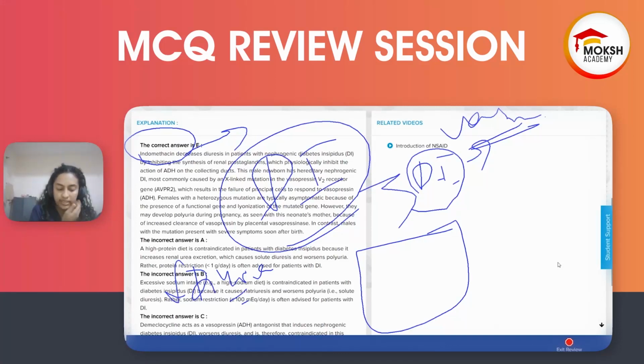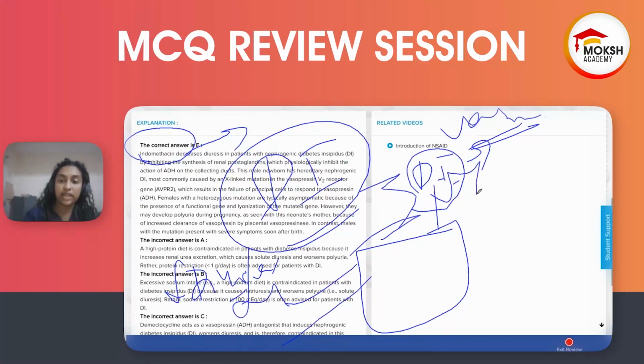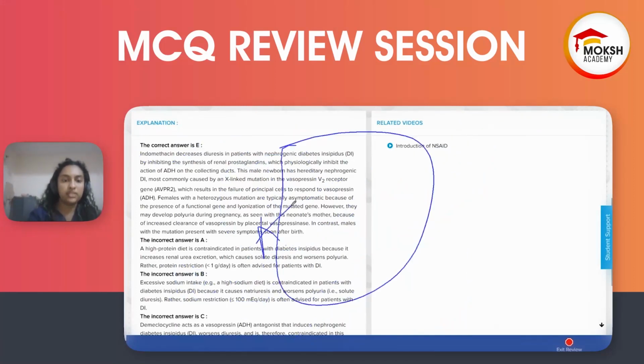So basically they're telling it is potassium sparing. We can proceed. I'll explain in the next class. But lithium causes nephrogenic diabetes insipidus because there is some effect on aquaporin 2 caused by lithium. Lithium acts similar to sodium.